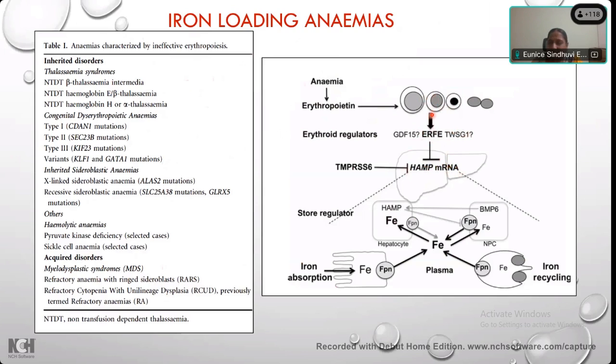So when there is increased erythropoiesis, erythroferrone is released, which inhibits hepcidin. When hepcidin is inhibited, you have increased iron absorption, leading to increased iron in the circulation. And as we see from the situation, the erythropoietic regulation of iron overrules the store regulator.